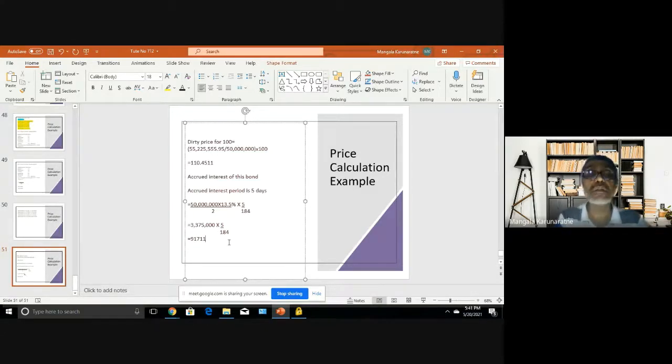So this is correct, but our answer in the practical scenario is 91,700. So both answers are correct, but when we do it practically, we do it in a different way. We do this part first: 13.5% divided by 2 into 5 divided by 184.